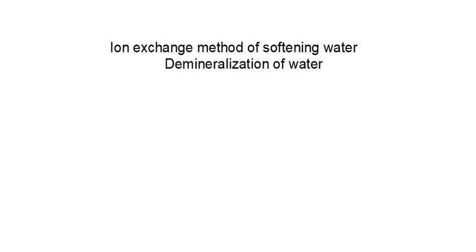So some labile ions are held there, which when they come in contact with water as the mobile phase, trap the ions from water like calcium and magnesium, and give in return another type of ions which will not impart hardness to water.